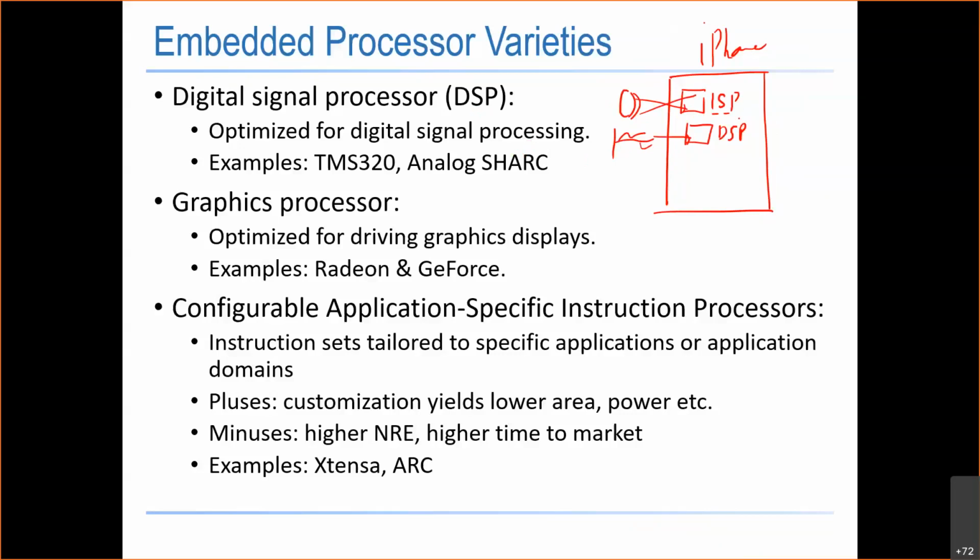In your laptop you'll probably find a GPU, and in your phone you'll find a GPU as well. Besides your CPU, you have multiple CPUs, and you'll also find a GPU. The purpose of the GPU is very specific: to do graphics. In your laptop you'll find something like an Intel graphics card, or an AMD Radeon, or an NVIDIA GeForce card. These are all processors specially designed for the domain of graphics.